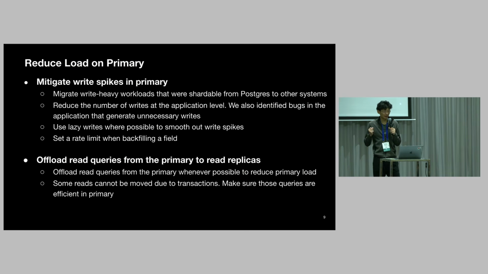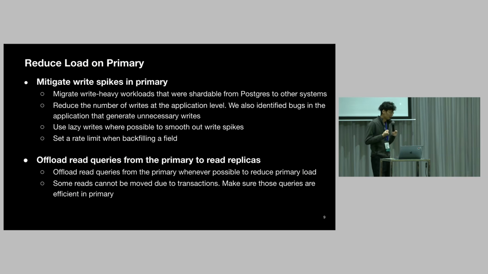That's for writes. And for reads, we offload the read queries from the primary to read replicas as much as possible. The idea is that for the primary, we don't want reads to consume lots of CPU if they can move to read replicas, because we only have one single writer. So we want to serve the writes instead of reads. But some reads still cannot be moved to read replicas.